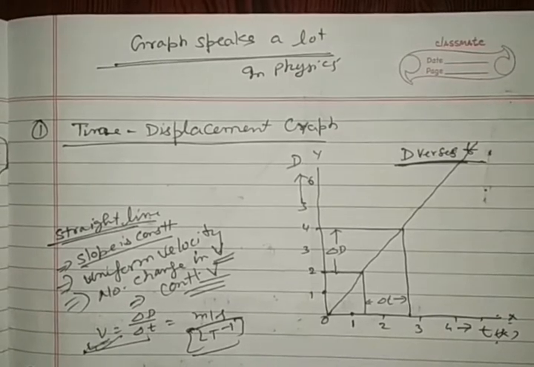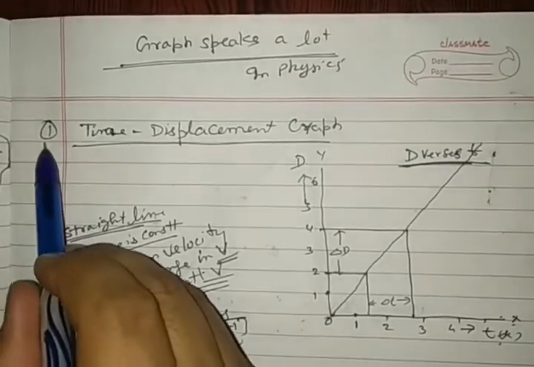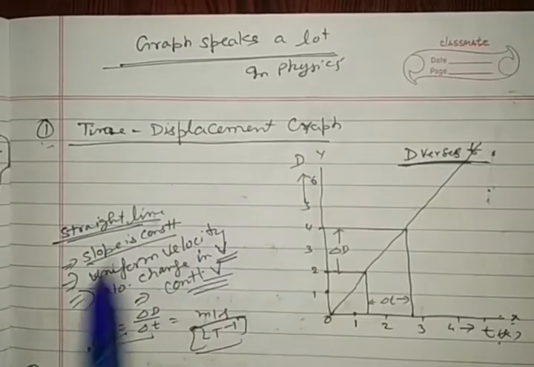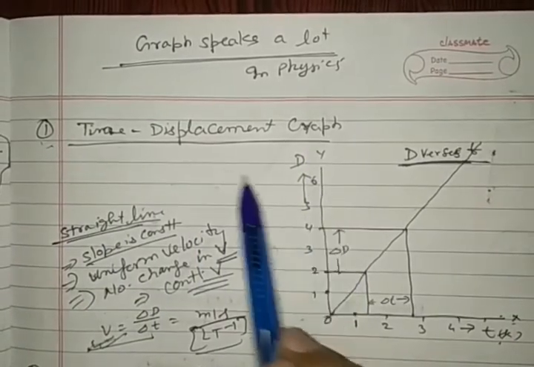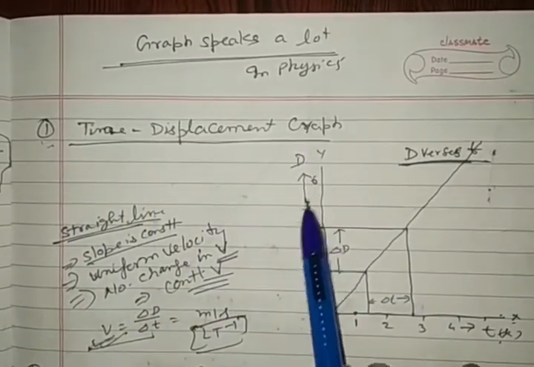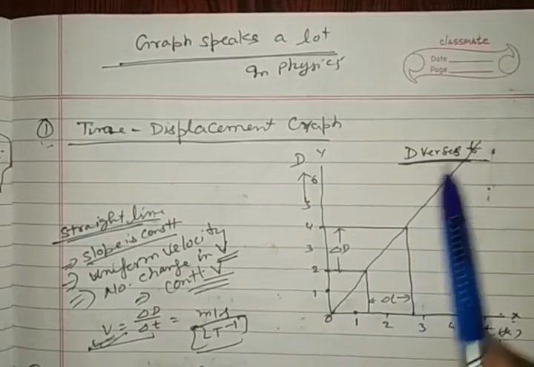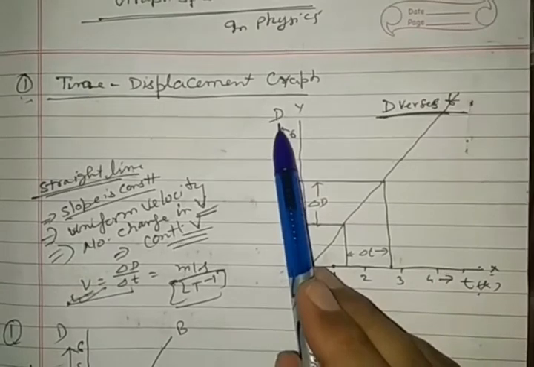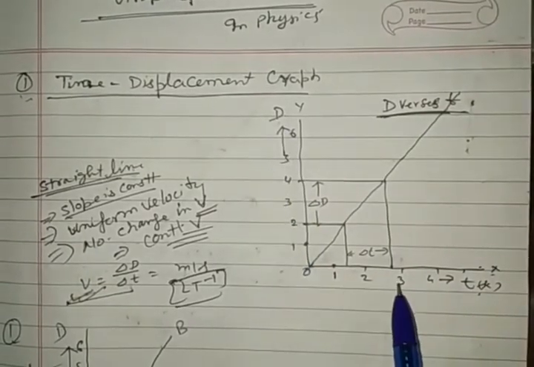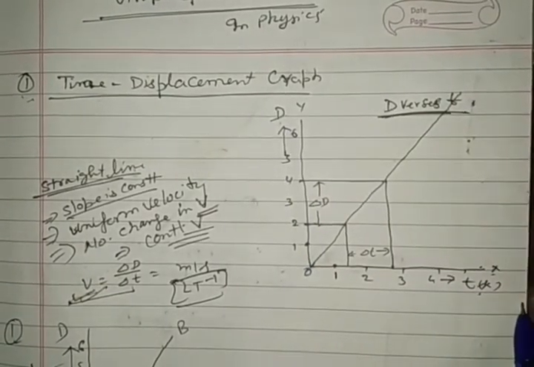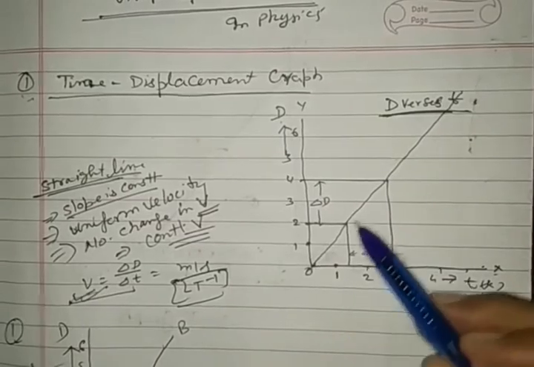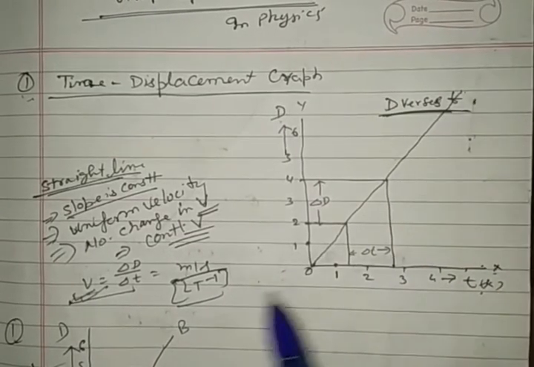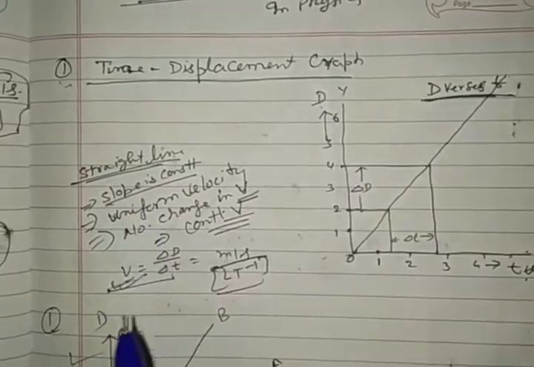So see very carefully. We first took the time displacement curve, which is actually called displacement versus time. Displacement is on the y-axis and time is on the x-axis. If it is a straight line, the slope is constant.